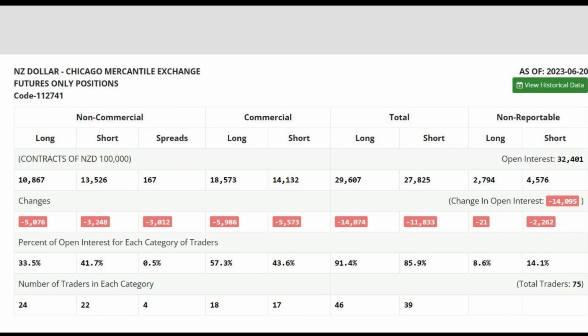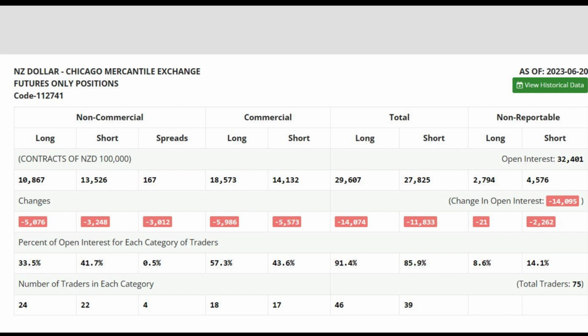That means price will most likely continue to depreciate for the New Zealand market, because there's more sell positions overall and less closing of sell positions. Whereas if you look at the long positions, there's less long positions overall, and the changes show much more closing of long positions, which means that off rip, sellers are in control of New Zealand against the dollar, so to speak.